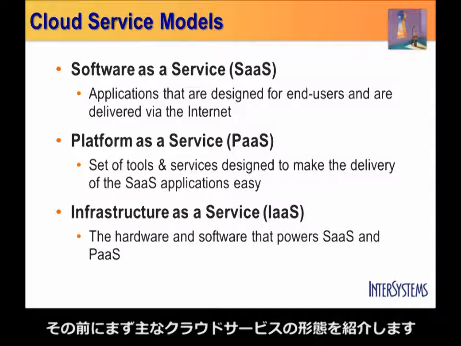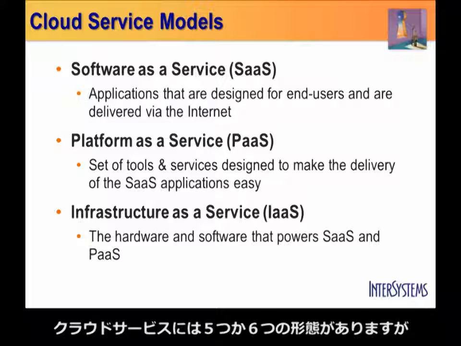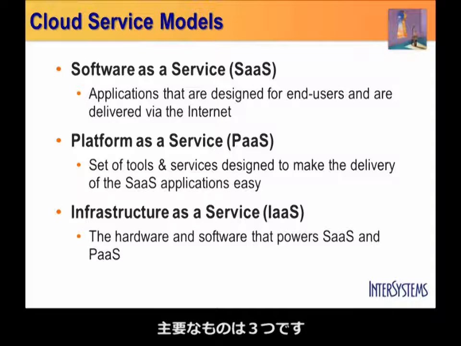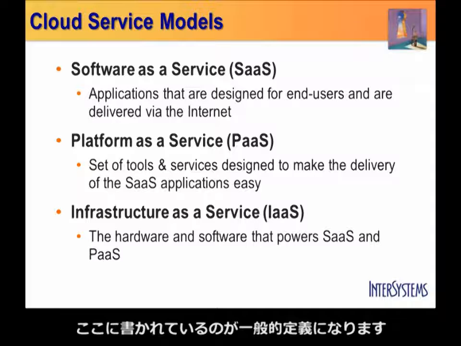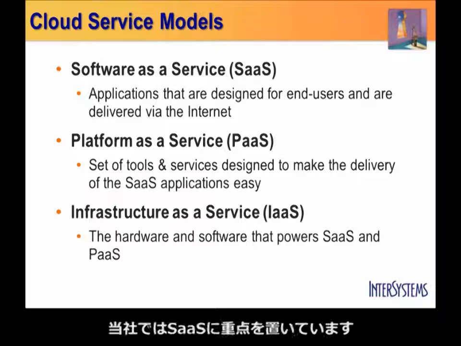But before we do that, I would like to touch on the main cloud service models. Now, there are actually 5 or 6 cloud service models, but these are the 3 main ones: software as a service, infrastructure as a service, and platform as a service. These are some general definitions of what each of these are. Our focus is with software as a service.